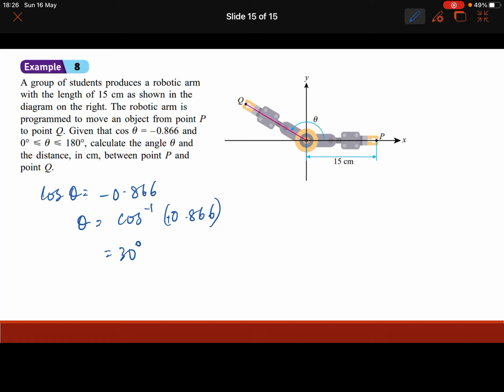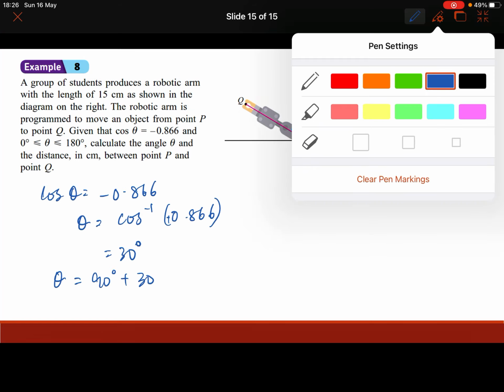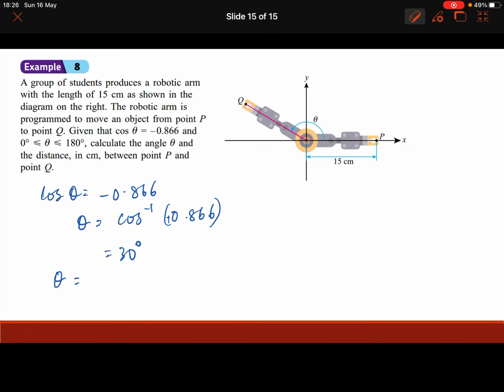Sorry, it's not 90 plus 30. The reference angle is 30. So theta is 180 minus 30 equals 150. The 30 is here. So theta is 180 minus 30 equals 150.